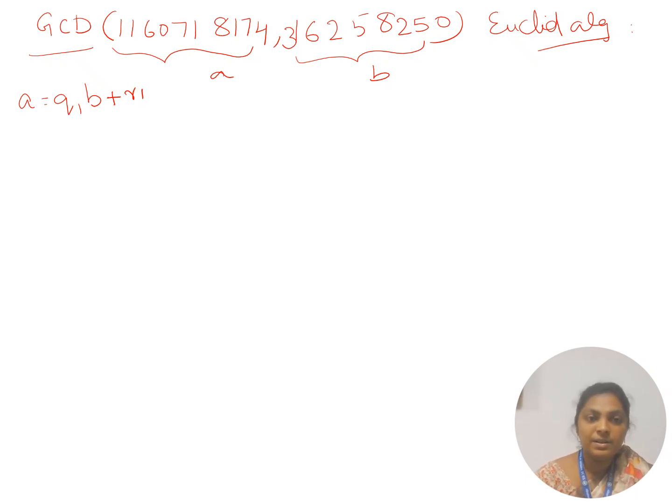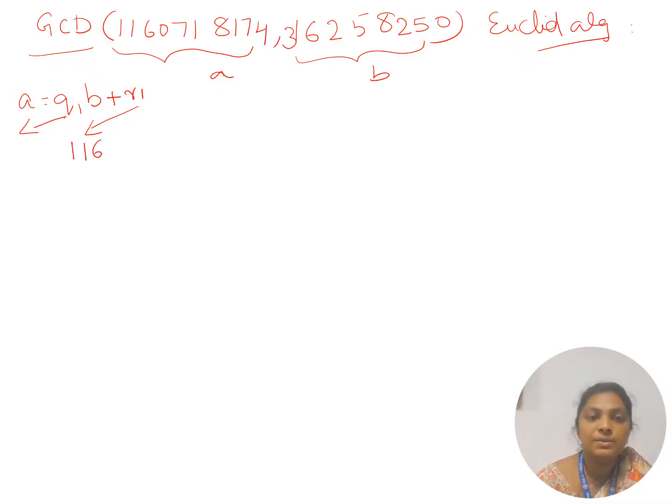This formula has to be repeated. The quotient you'll take for the next A value, and the remainder you'll take for the next dividend. So it will be represented in this way.